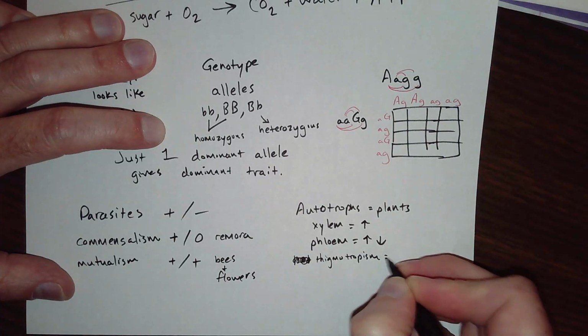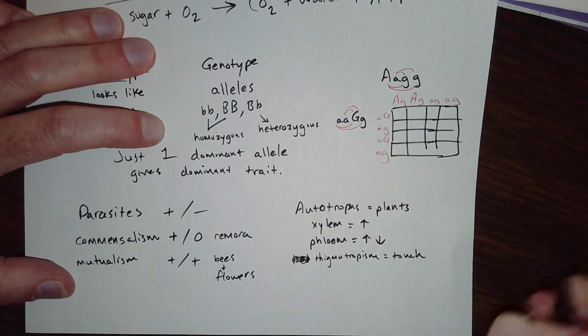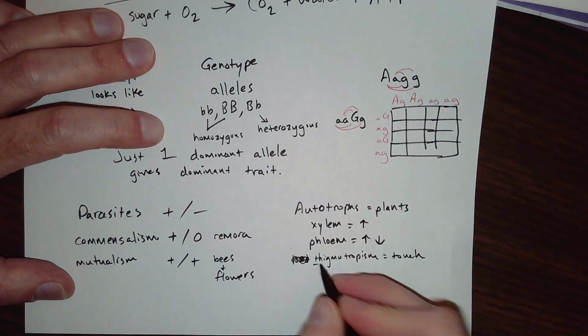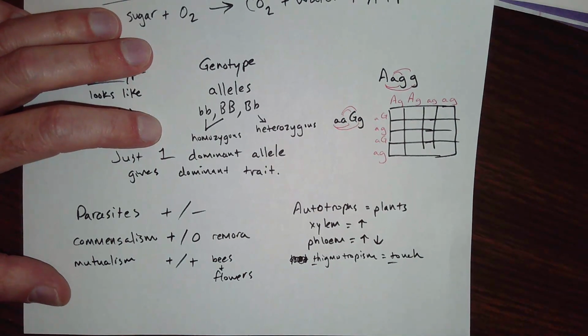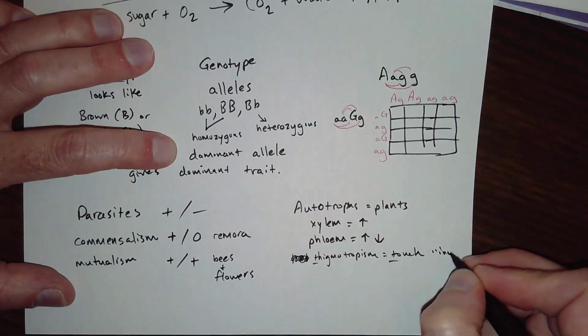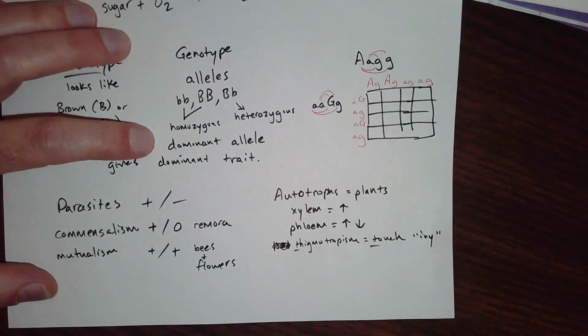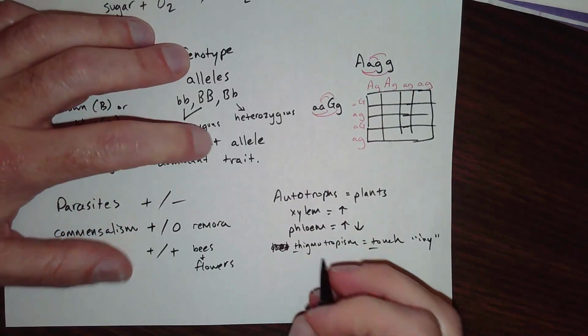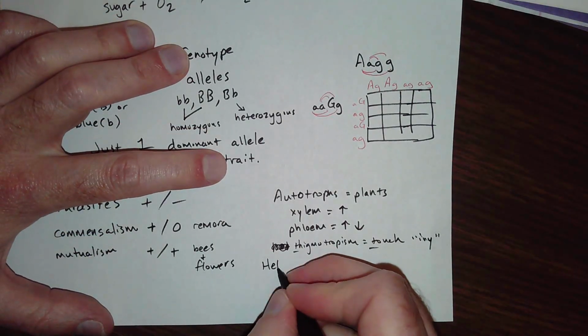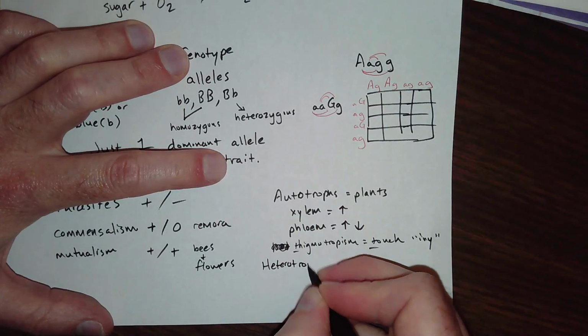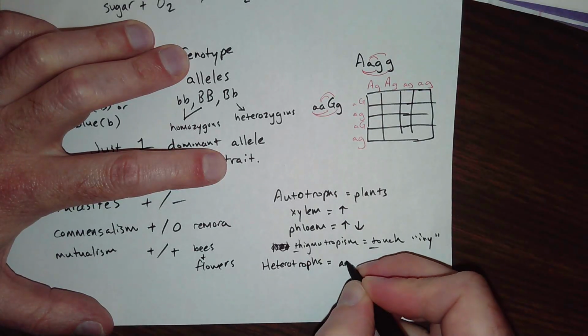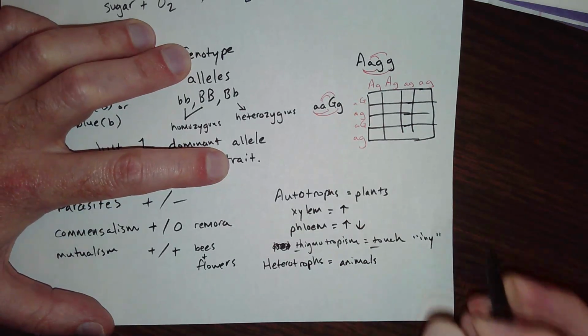Thigmotropism, growth in response to touch. Hard one to remember. T and T can help. Our example would be ivy. I-V-Y, ivy. And then our heterotrophs. This would be animals. They eat others. That's what the name means.